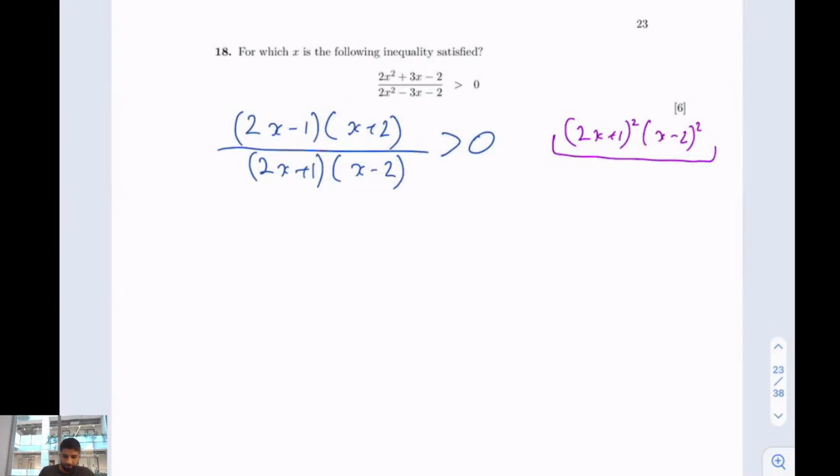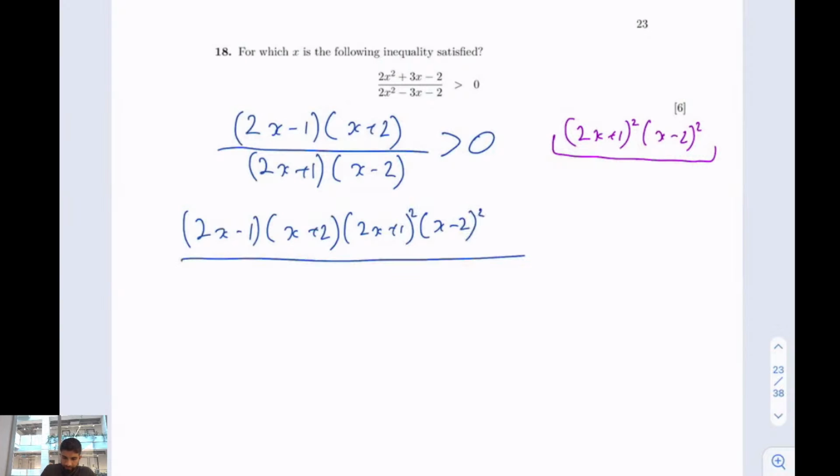So when we do that, we are going to get 2x minus 1, x plus 2, and then 2x plus 1, x minus 2, these are squared, and then we have got this in the denominator. They will cancel, of course, that's what we wanted. And on the other side, we still have 0, because 0 times anything is going to still give you 0.